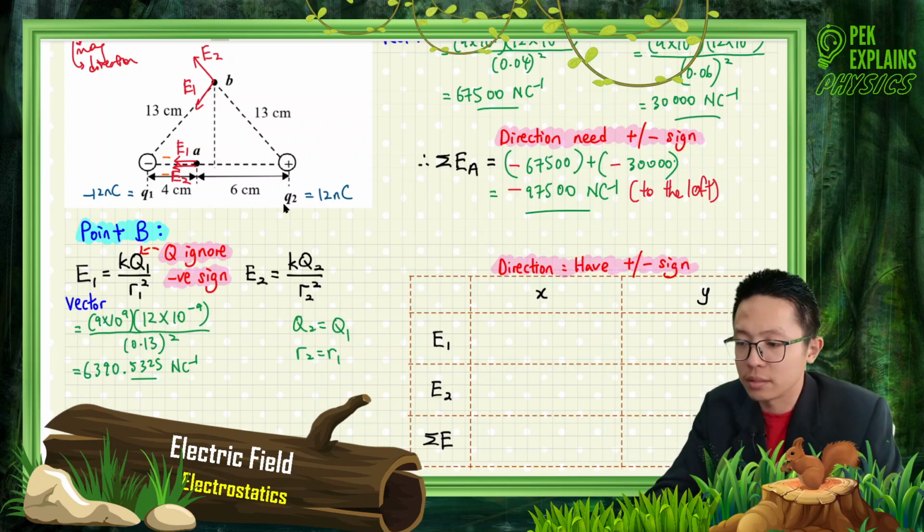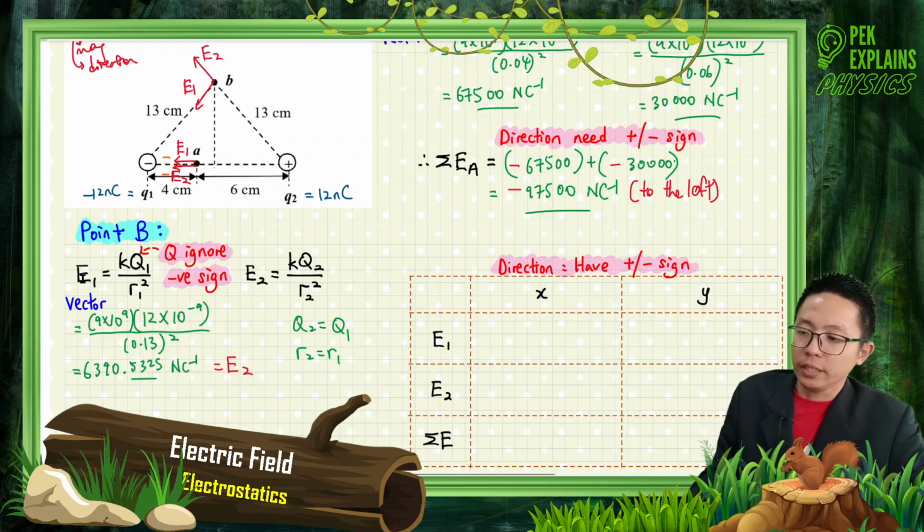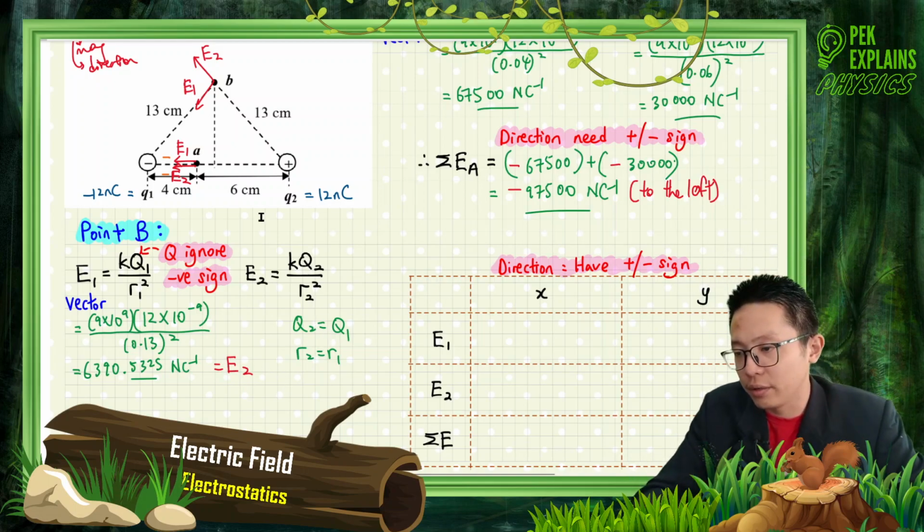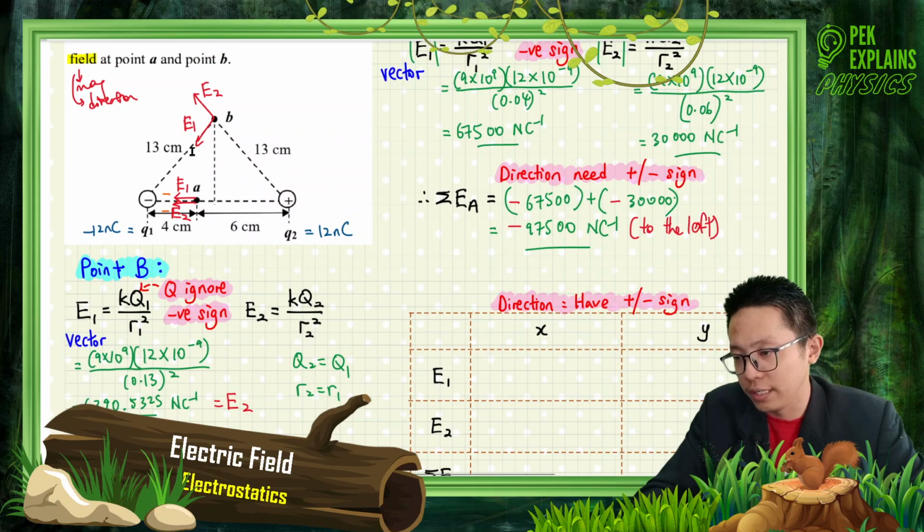So it means that E2 is the same as E1 in terms of magnitude, because they have the same charge, 12 and 12, and the same distance, 13 and 13. So now I already have the value for each electric field.